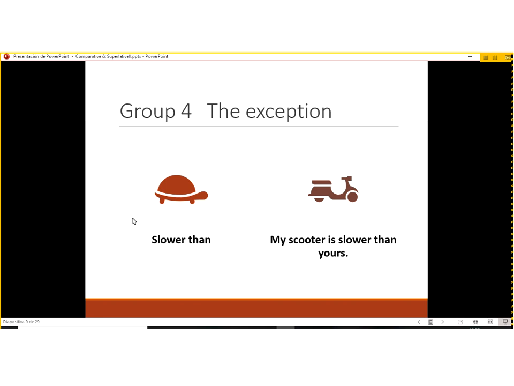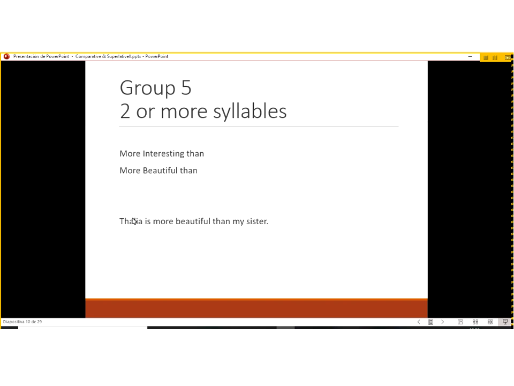In this case, we don't do any changes in words ending in W, yes? So just add ER, slower. The turtle is slower than the scooter, no? My scooter is slower than yours. Group number 5, 2 or more syllables.